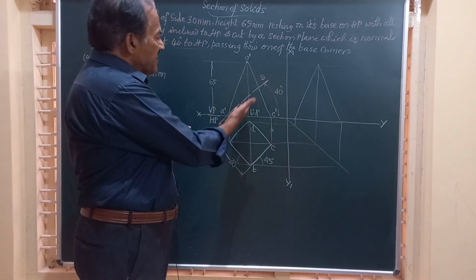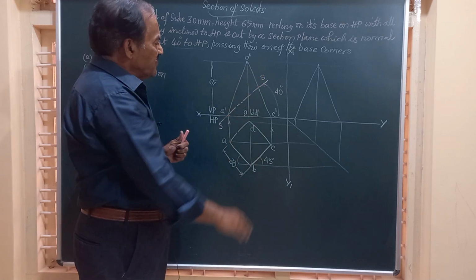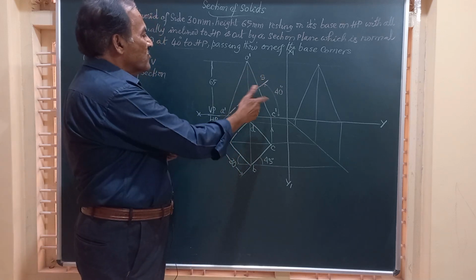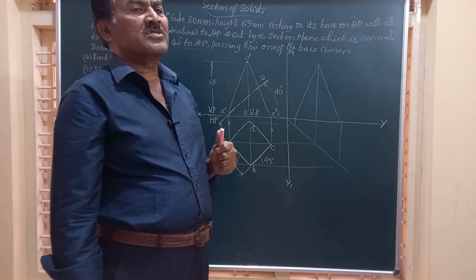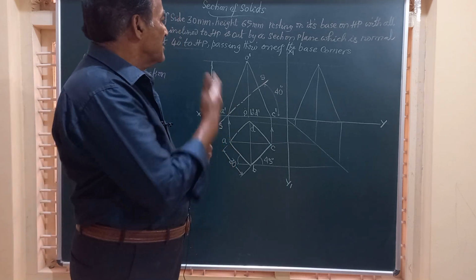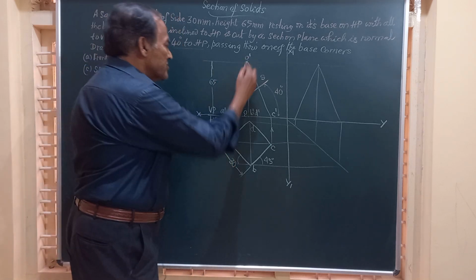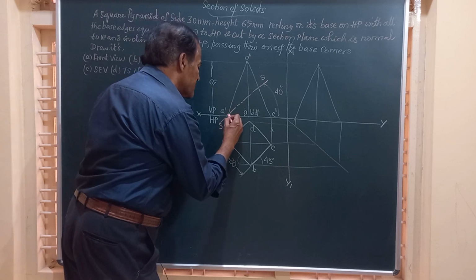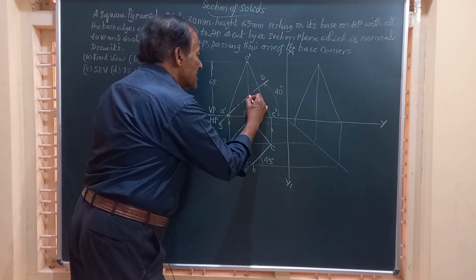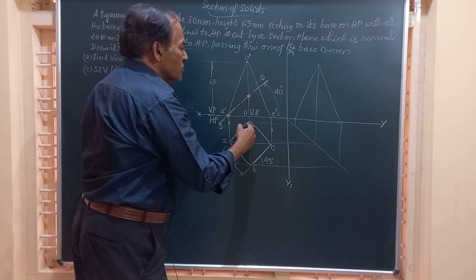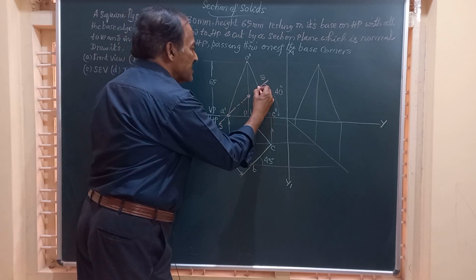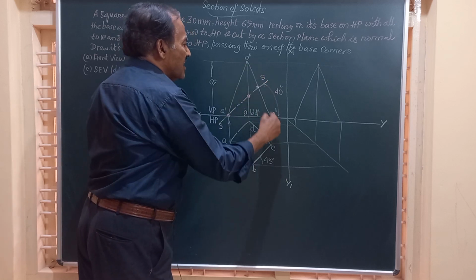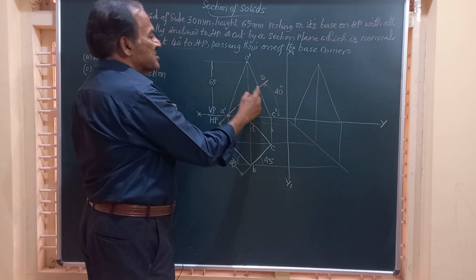So we have placed the object, we have got the front view and top view, and also we have located the positions where the section plane is cutting this solid. The section plane is passing through the corner A, cutting the slant edges OB and OD at this point, and OC is cut here.